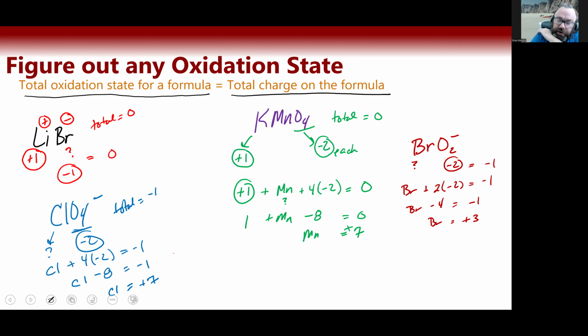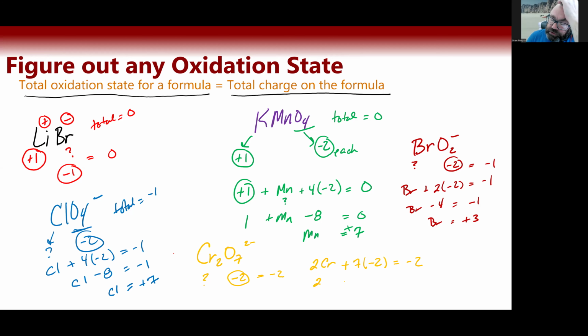We're going to do dichromate, Cr2O7 2 minus. We don't know what the chromium is. We know oxygen should be -2, and we know our total has to be -2. Let's set this up like an algebra problem. We have 2 chromiums plus 7 times -2 for the oxygens has to equal -2.